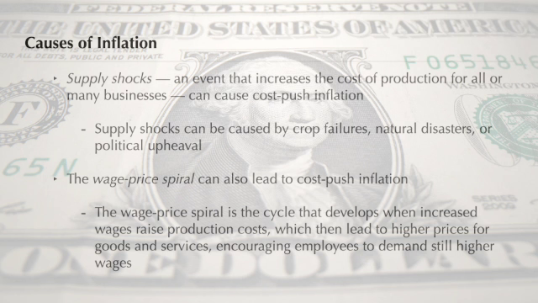Supply shocks are one of many sources of cost push inflation. A supply shock is an event that increases the cost of production for all or many firms, resulting in overall higher prices. Crop failures, natural disasters, and political upheavals can cause supply shocks. As noted in Part 2, for example, in 1973 and 1974, members of the Organization of Petroleum Exporting Countries, or OPEC, quadrupled the price of oil after a war with Israel.